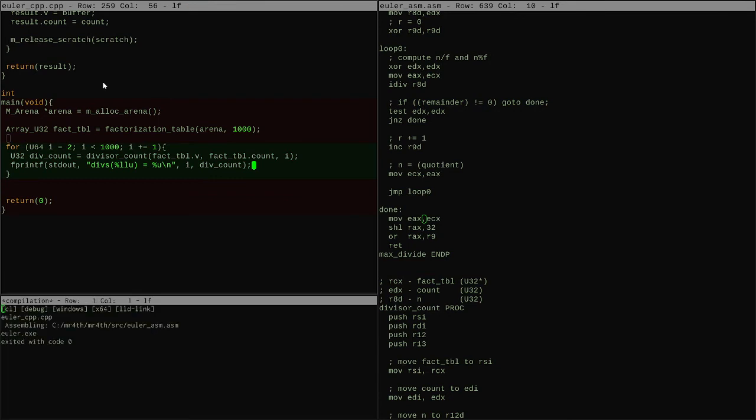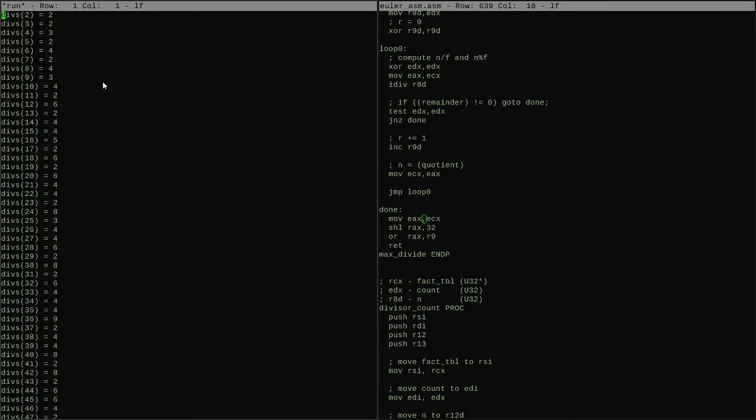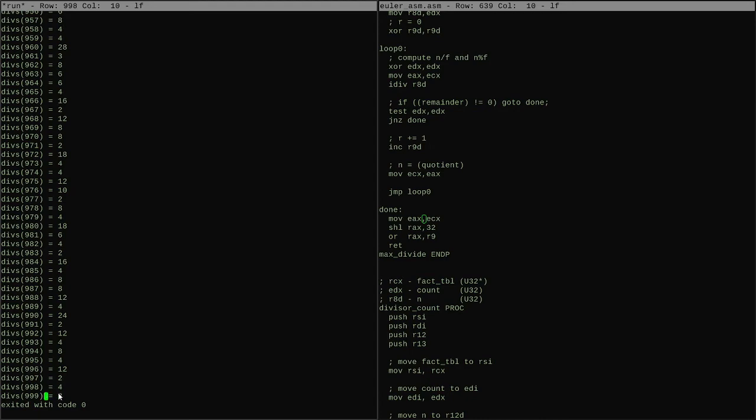boop, we get divisor counts for all these things.